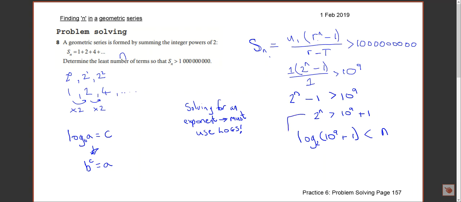Okay, well let's think about it in this way. If I take logs of both sides, I'm going to have log to the base 2 of 2 to the power of n, that is greater than log of 10 to the 9 plus 1. What do I do with the n up here? I bring it down.